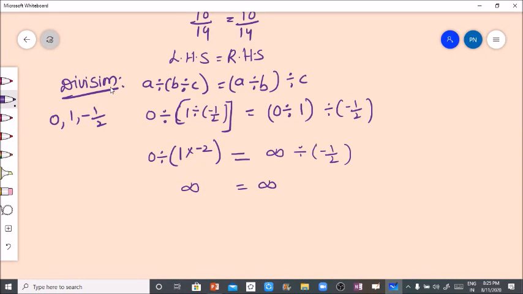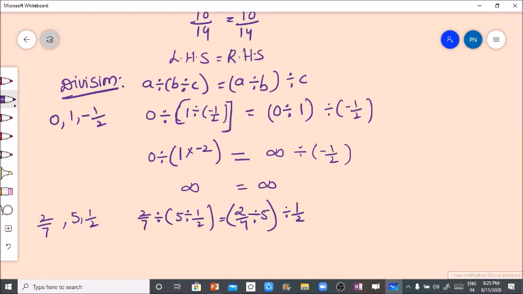Okay, I am going to check another one also, with the same numbers: 2 by 7, 5, 1 by 2. Okay, here (2 by 7 divided by 5) divided by 1 by 2 equals 2 by 7 divided by (5 divided by 1 by 2). Okay, right.